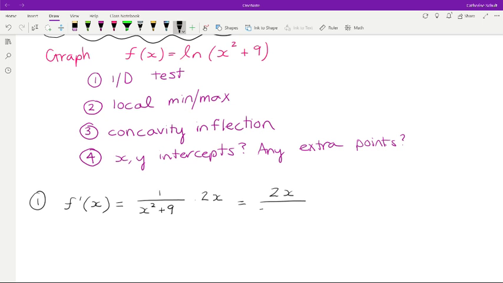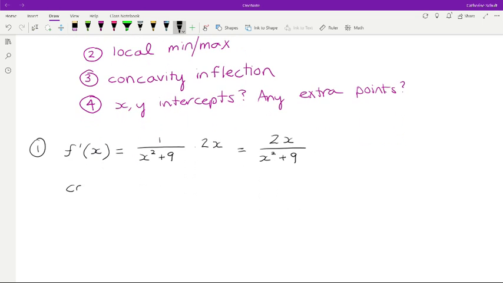Okay, and now we're going to want to find the critical numbers. So again, that's when the derivative is 0 or undefined. In this case, we have a rational expression, so there could be some undefined values because we don't want the denominator to be 0. f prime of x equals 0 when the numerator is 0.